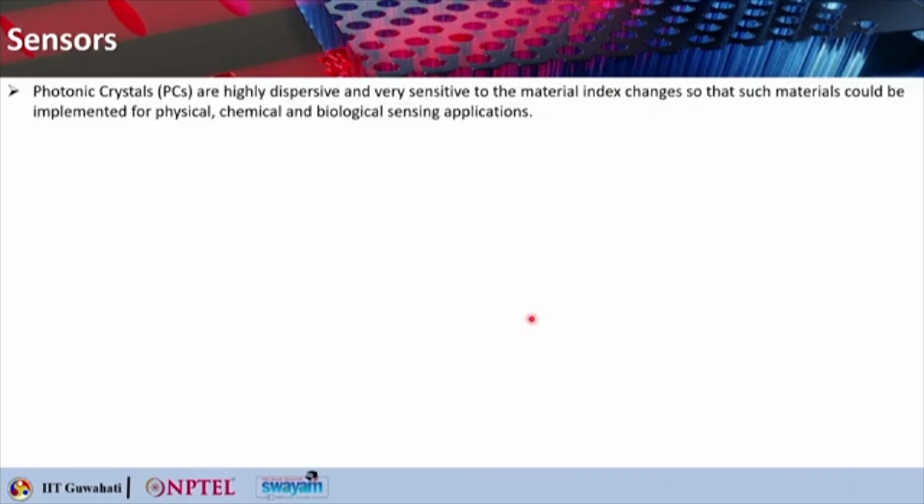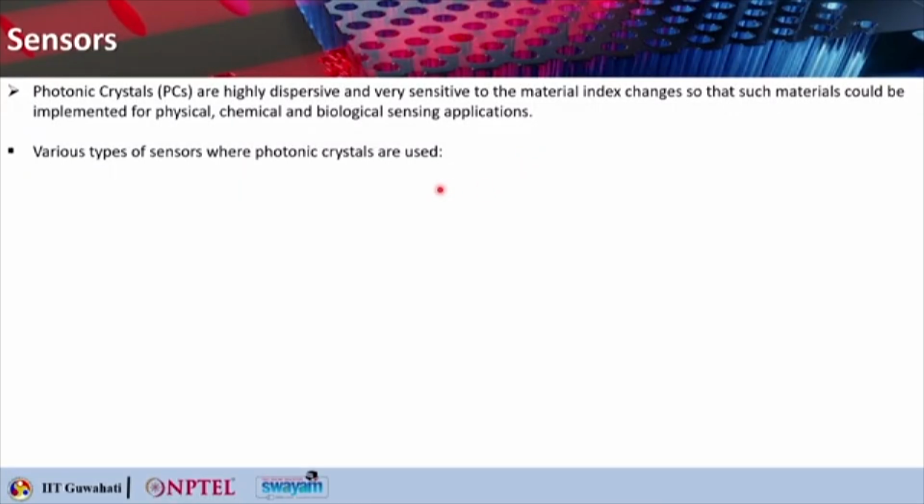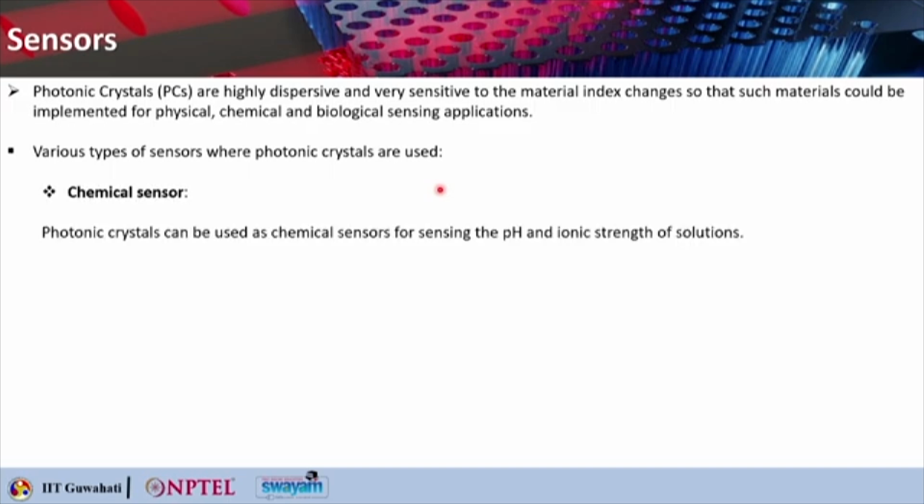Next is sensors. So photonic crystals are highly dispersive and very sensitive to material index change, so such materials could be implemented for physical, chemical and biological sensing applications. So there are various types of sensors where photonic crystals are used. So one can be a chemical sensor.